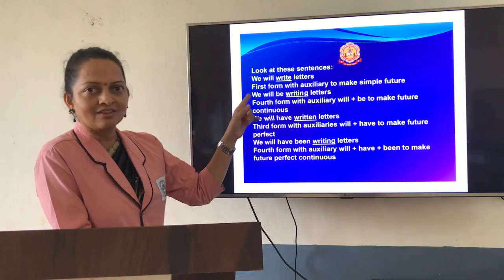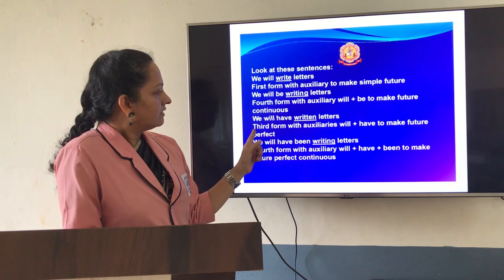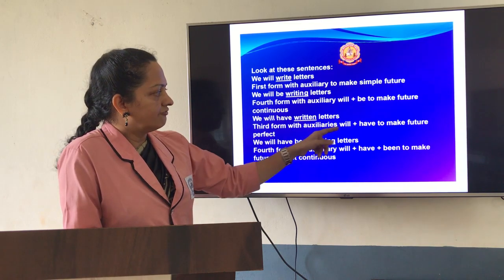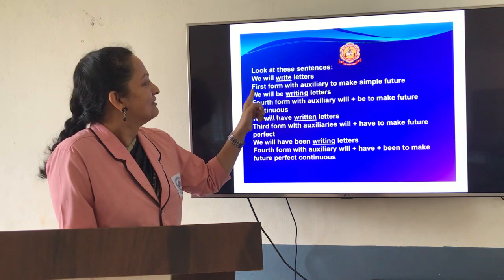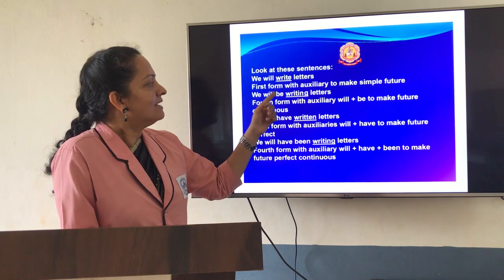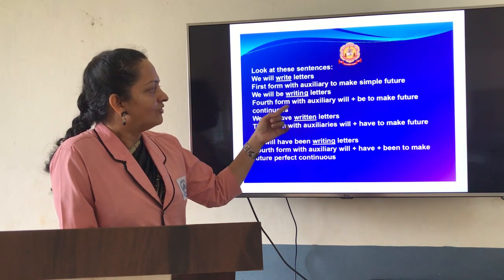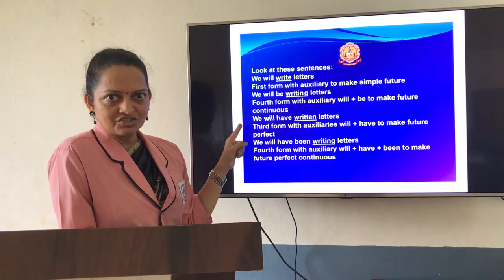The last one is future tense. We will write letters. The first form with auxiliary will is used to make simple future tense. We will be writing letters. The fourth form with auxiliary will plus be makes future continuous.